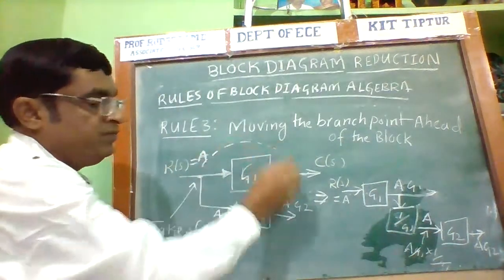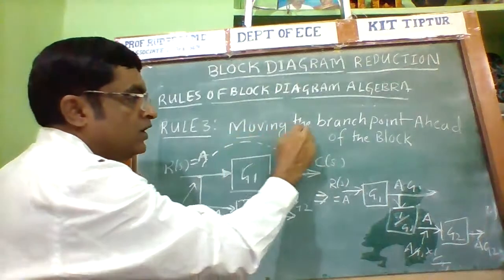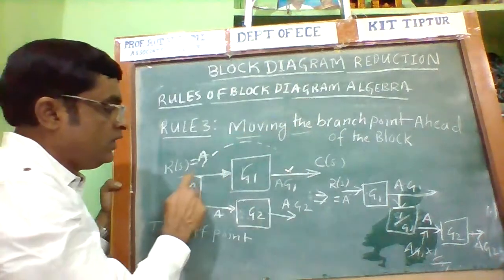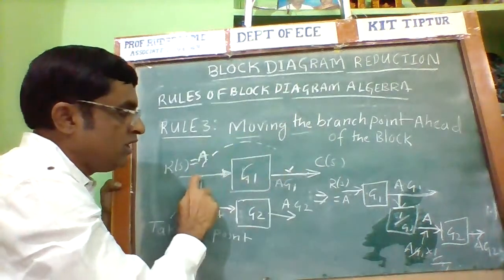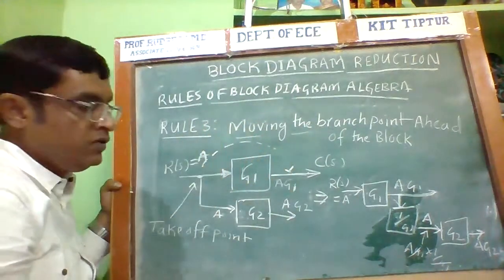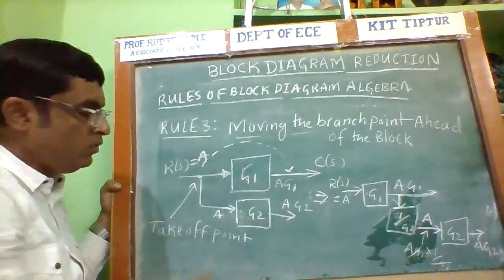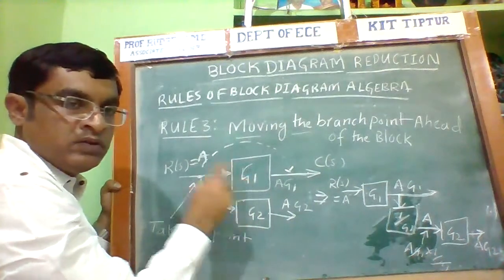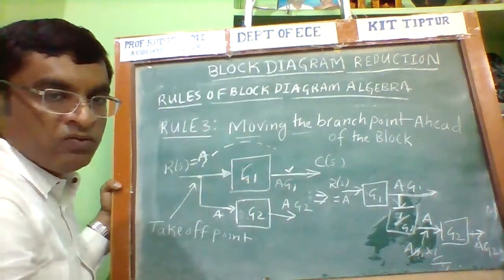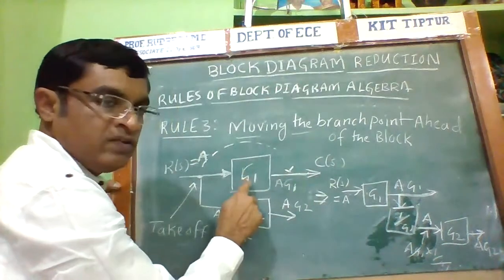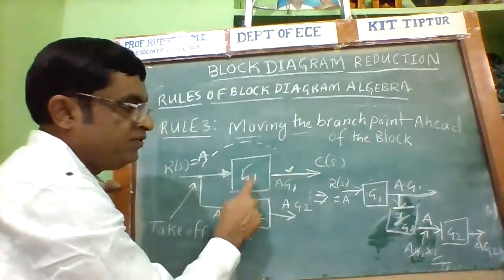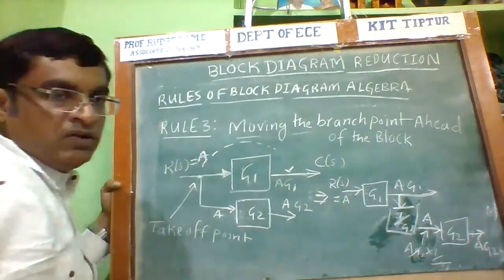When I move this take off point after the block, this rule says we should multiply the corresponding branch by 1 over the transfer function of the block. 1 over the transfer function is here 1 over G1. If it is G2, 1 over G2, if G3, 1 over G3 should be multiplied.